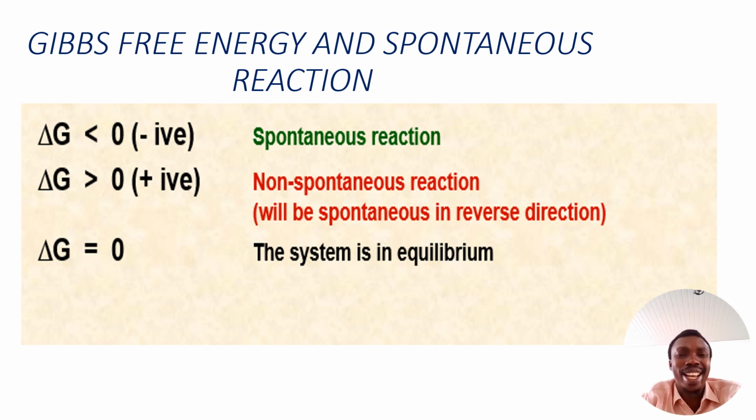So a reaction is likely to occur if the Gibbs free energy change is negative. In any reaction, we need to consider what we have to do to make the Gibbs free energy change negative, so that the reaction is likely to occur. The reaction is only spontaneous when the free energy change is negative, that is less than 0. Once the free energy change is positive, the reaction is non-spontaneous, and it is not likely to occur.